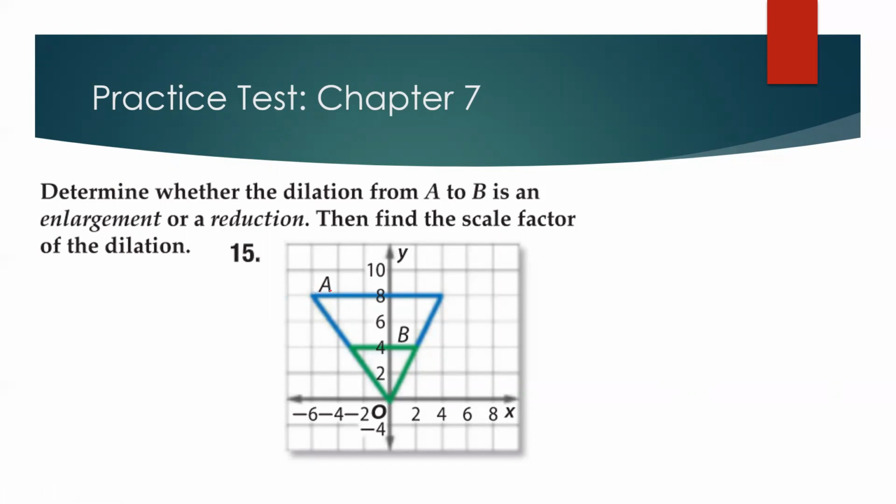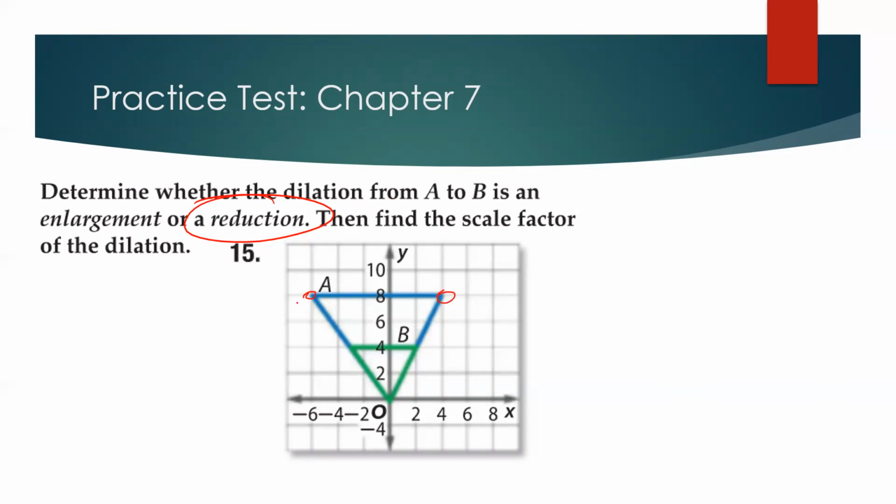So first, A is this larger triangle, and then B is this smaller one. So if we're going from large to small, it is going to be a reduction, okay? Then it says to find the scale factor, okay? So to do that, we need to figure out the distances between the vertices, okay? So for example, this point here to this point here.